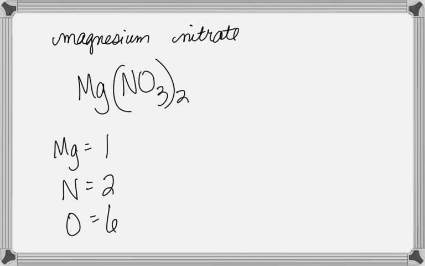Then I go to the periodic table and I look everything up. What's magnesium's mass? Yep, 24.31 AMU. What's nitrogen? 14.01. Yeah, I think I heard Sawyer or somebody say it.